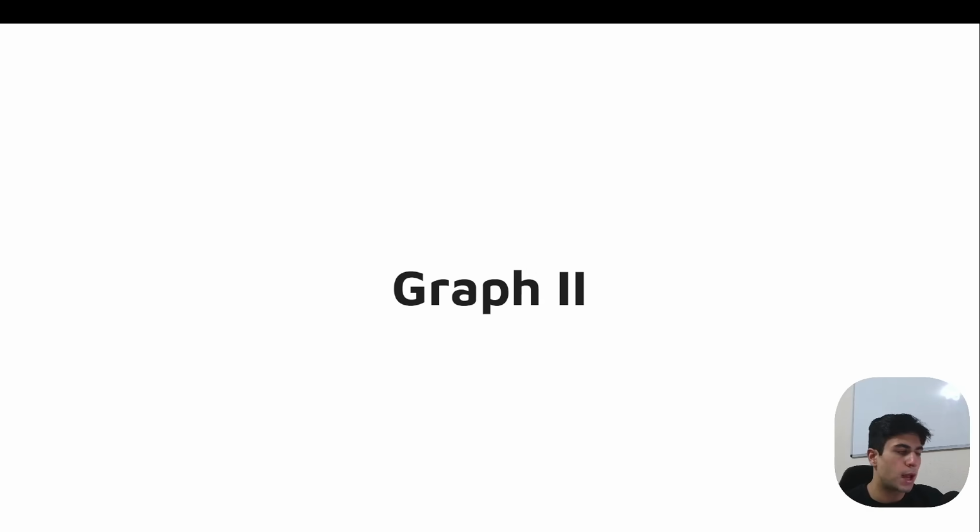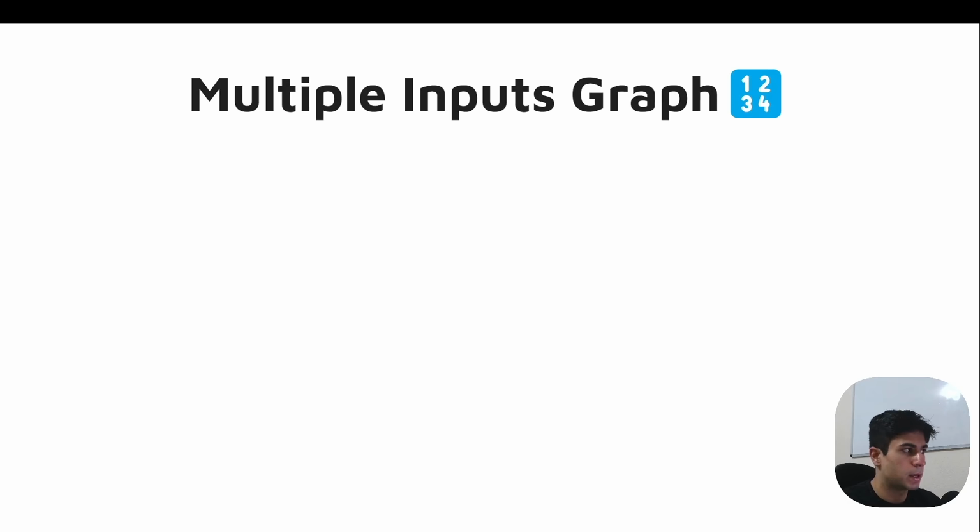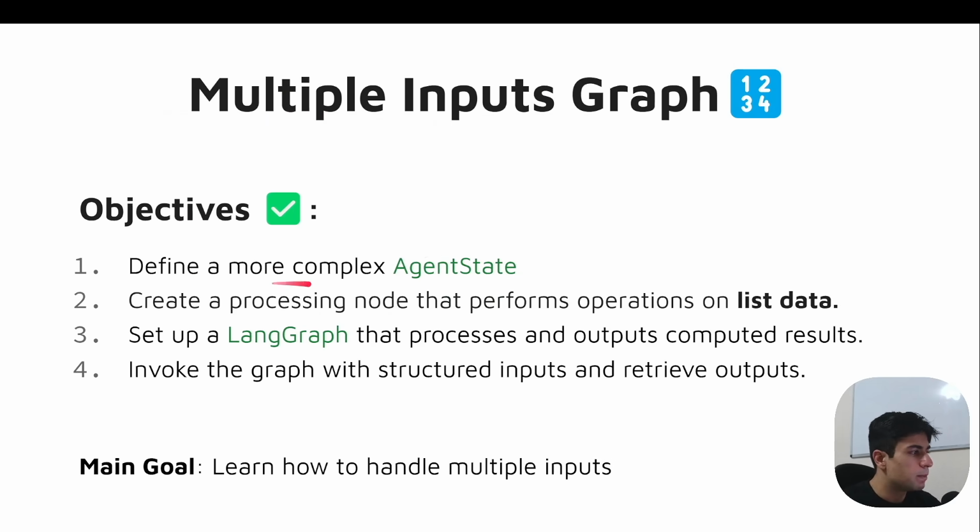Okay, so now we're about to build our second graph, as you can see here, and it's again quite similar to the first graph we built, except now we're going to be able to pass multiple inputs. So what are the objectives you will be learning in this? Well, we're going to build a more complicated agent state, and we're going to create a processing node that performs operations on list data.